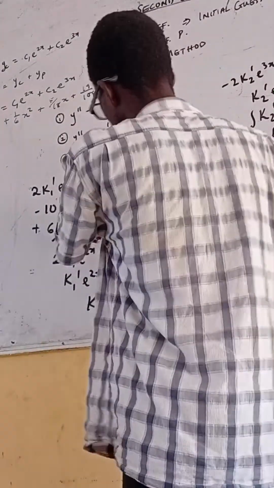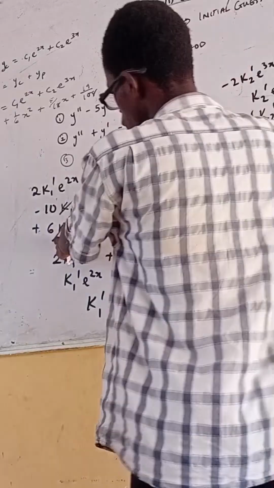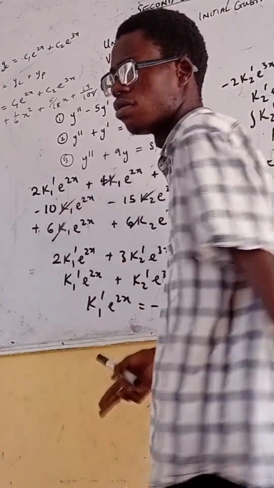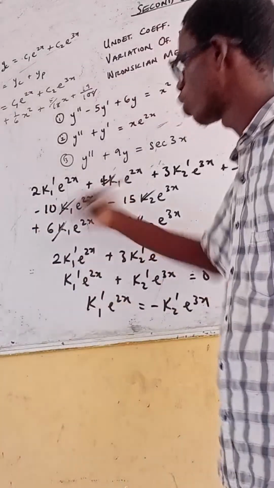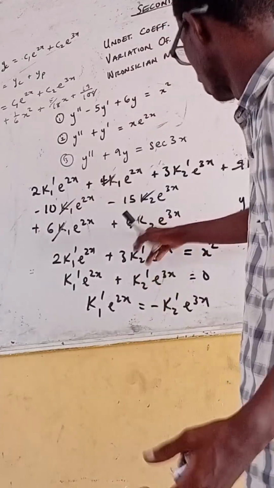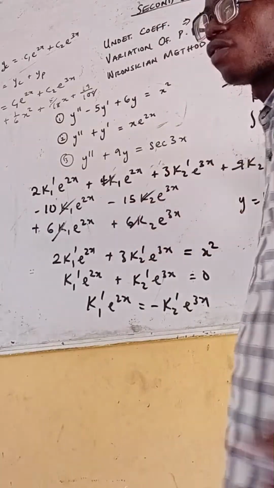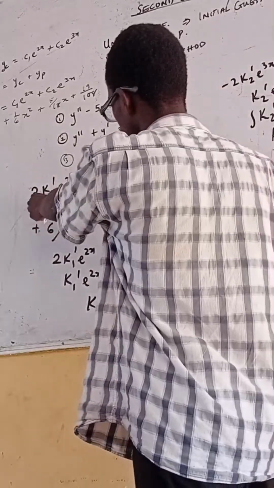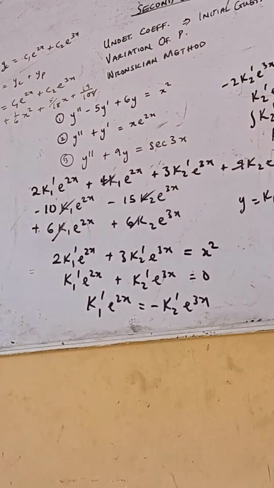For k1 e raised to power 2x, if you add these together, that's 6 plus 4, 10. 10 minus 10 is 0. You cancel everything out. 6 plus 9, 15, minus 15, cancel everything out. So everything will collapse into 2k1x plus 3k2. Okay, everything is correct. Can I continue? Yes.